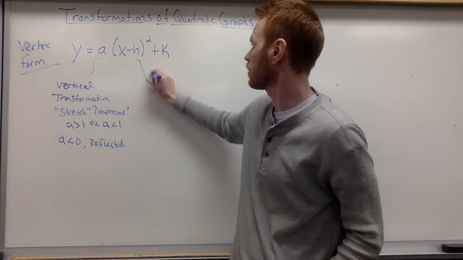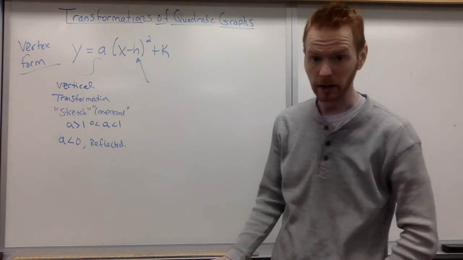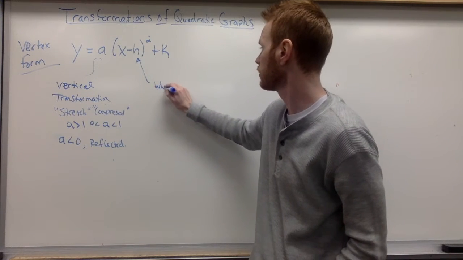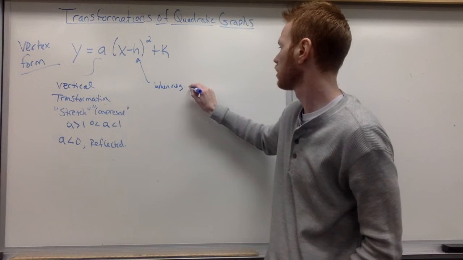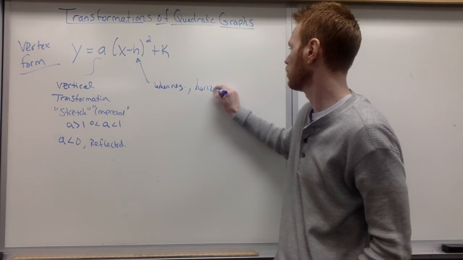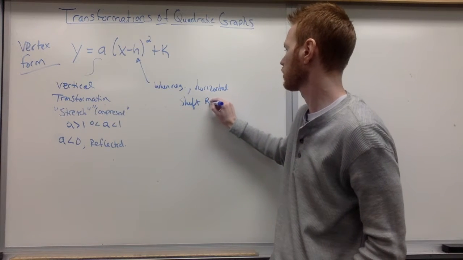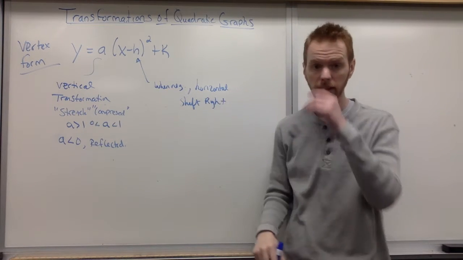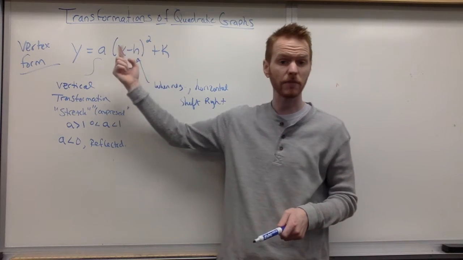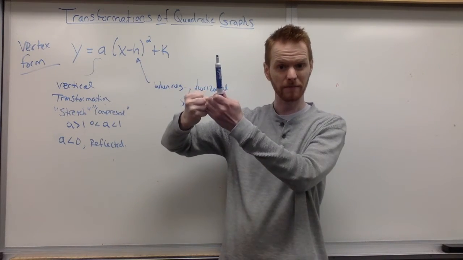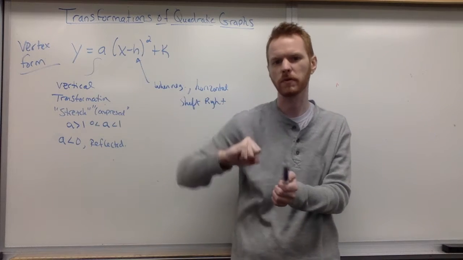Now, let's take a look at what this H value did. Well, when negative, it gave us a horizontal shift to the right. If this was -5, that means I moved my vertex to the right by 5, because anytime we did a transformation, we're always moving the vertex.